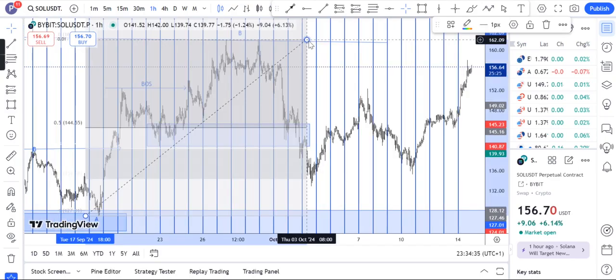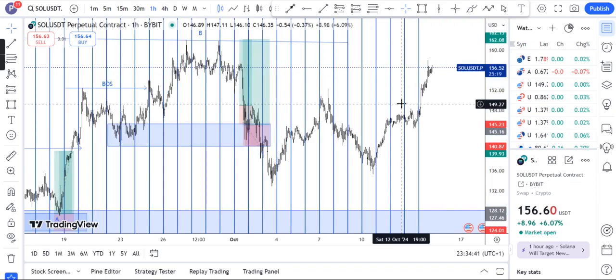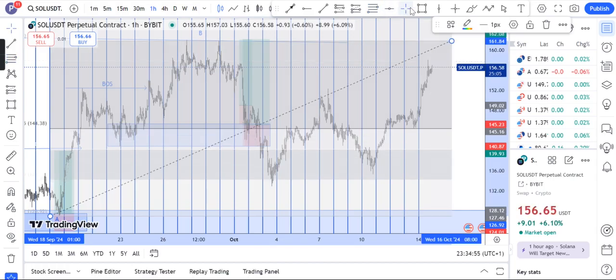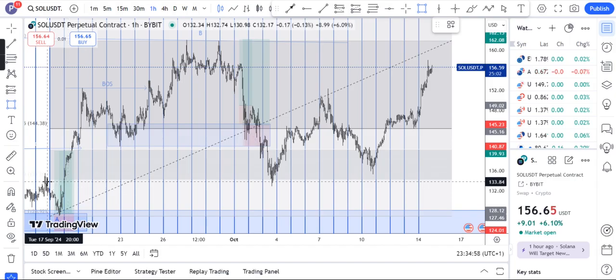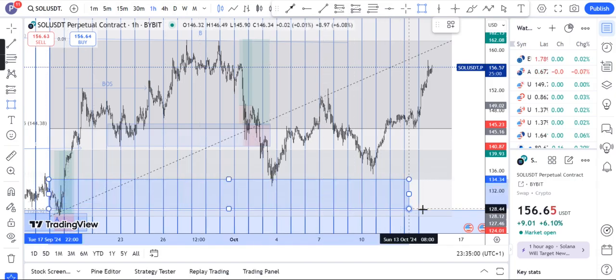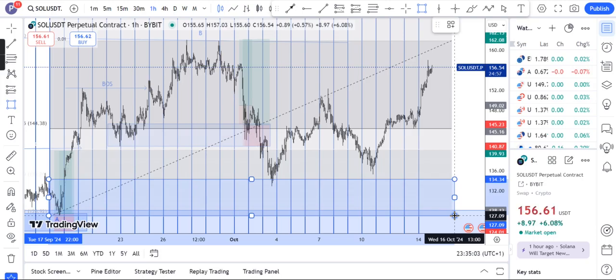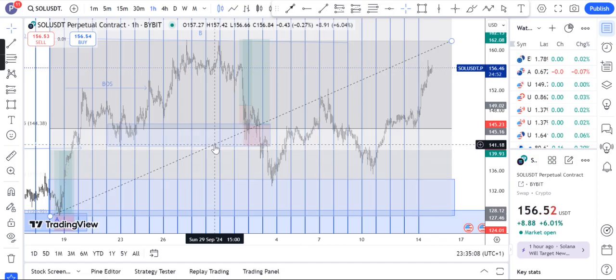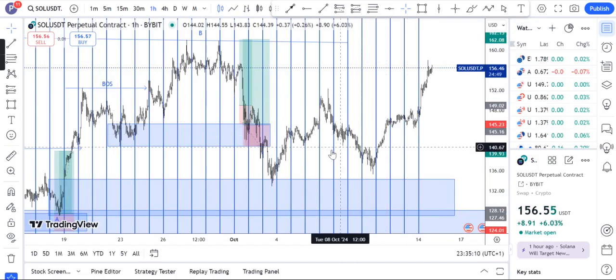Then when we did that, we found that the market gave us the point at which we were looking for, marking it from this particular point, and then we can pick our 0.79 level, which is this level, and then we can exit.